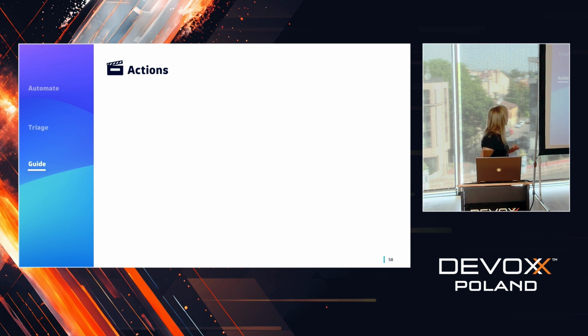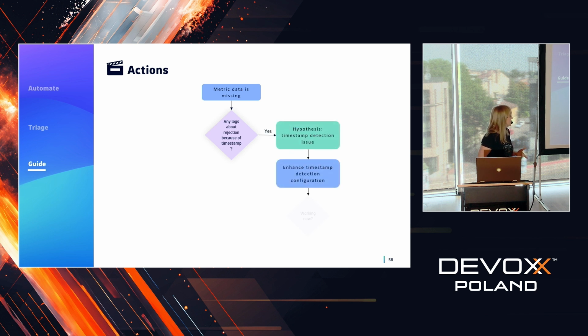Okay, and the last thing that we can do if we are not able to implement automation or triage of the issue is at least to add some guidance. Because in many cases, the issues are repeatable.